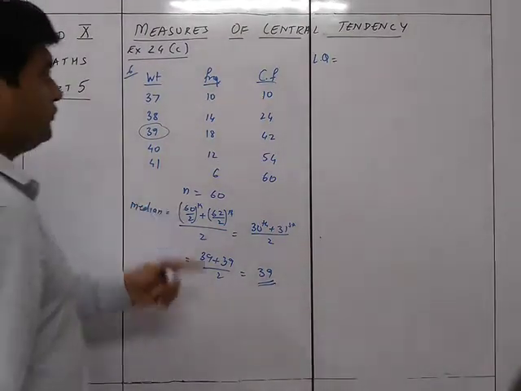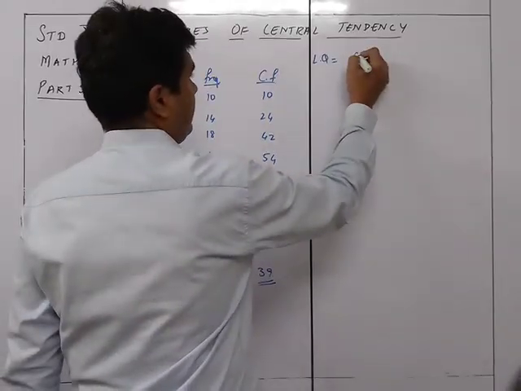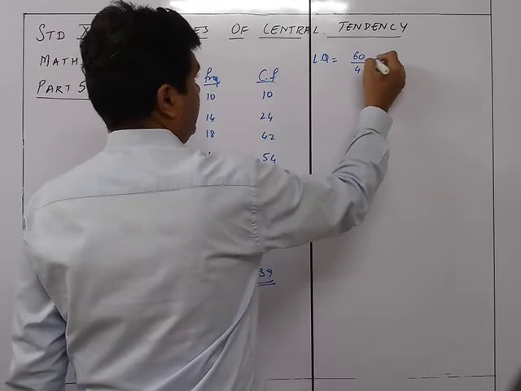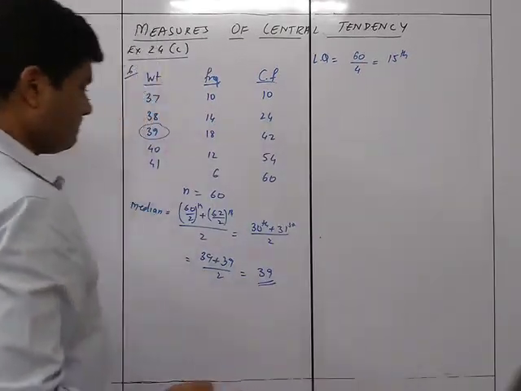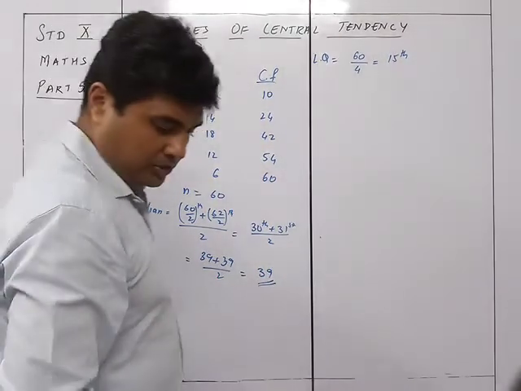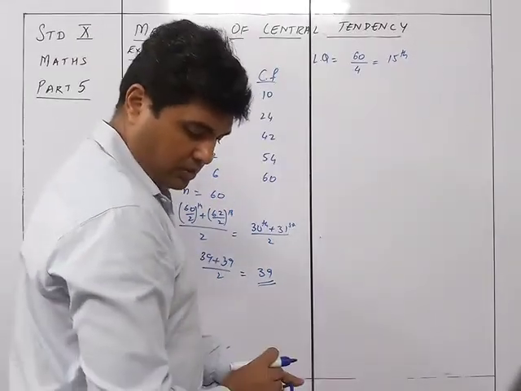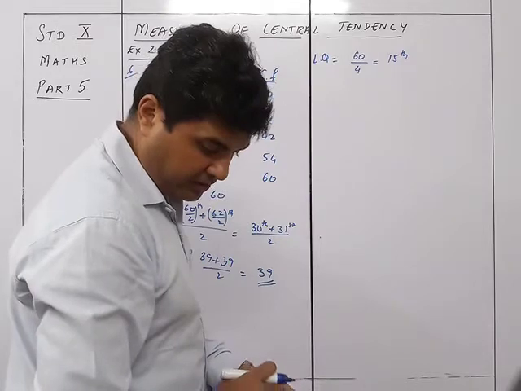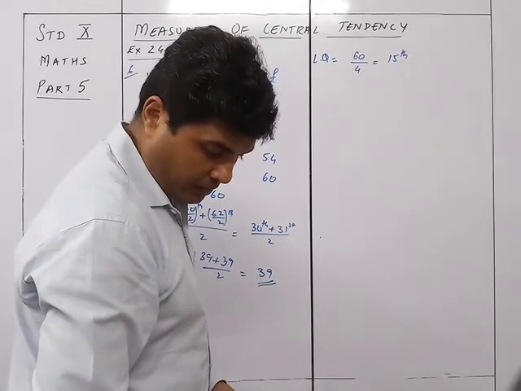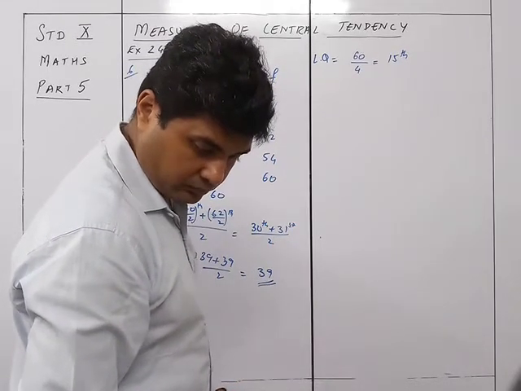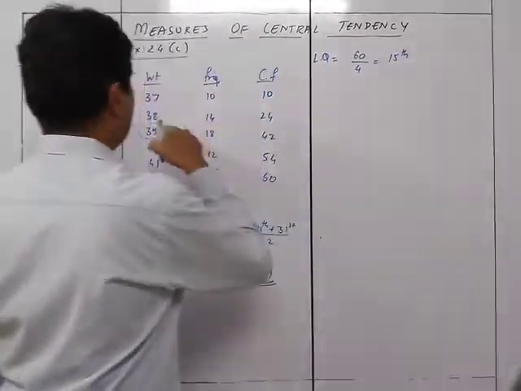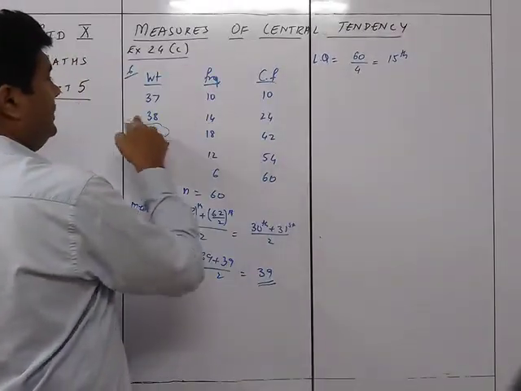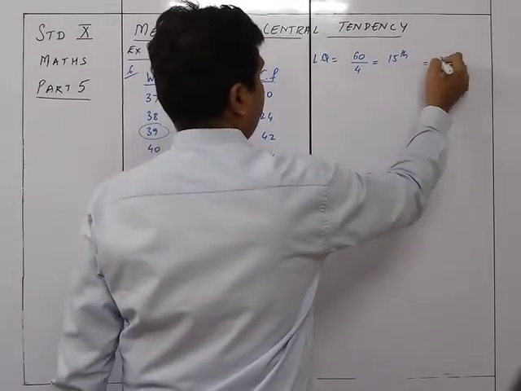N upon 4, so it will be 60 upon 4, which is the 15th term. The 15th term over here is going to be 38.